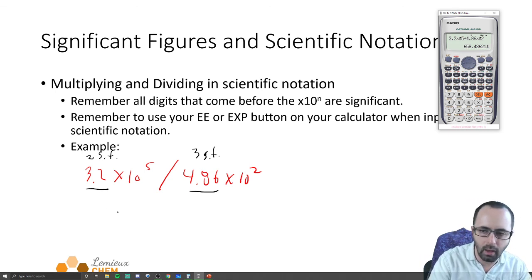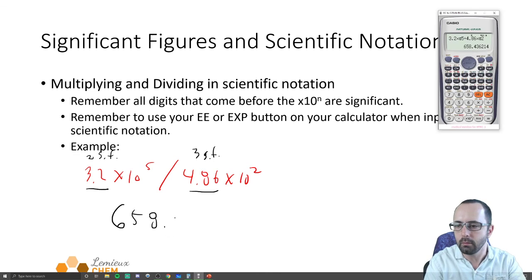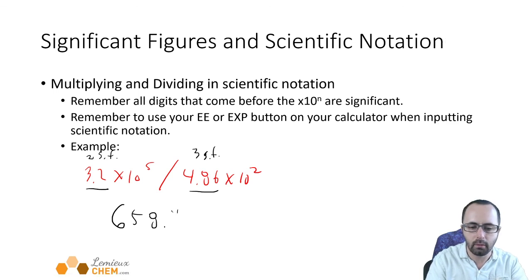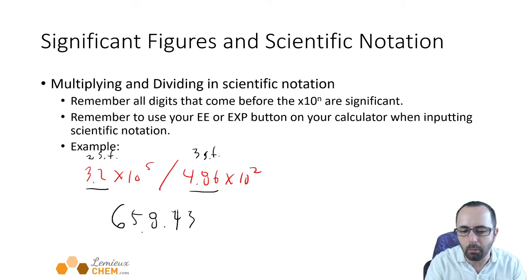And our calculator again spits out a bunch of numbers at us. We can write some of them down here. 6, 5, 8.4343, and so forth. I don't really need the rest because I need to round so that my number has only 2 sig figs. So my sig figs will be the 6 and the 5.